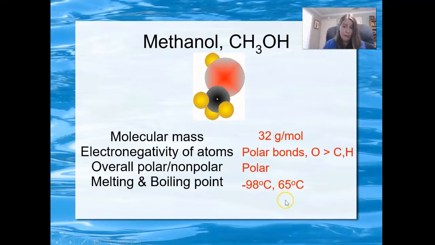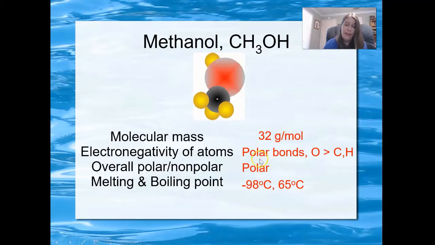And the boiling point is, in fact, 35 degrees lower than the boiling point of water, even though this is a more massive molecule with more electrons involved. So there must be something actually kind of interesting about water itself that it has such an unusually high melting and boiling point. And we'll get into that more in this unit.